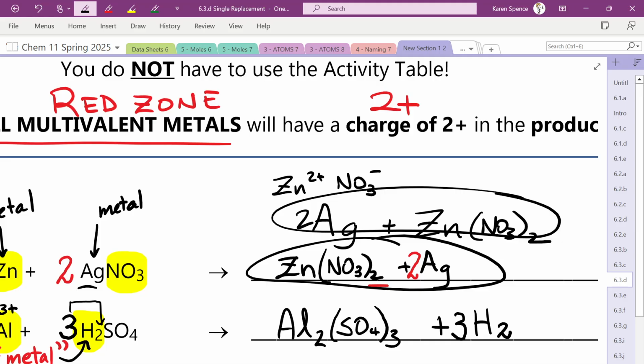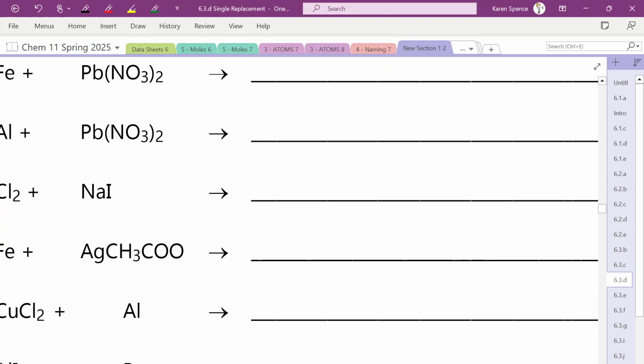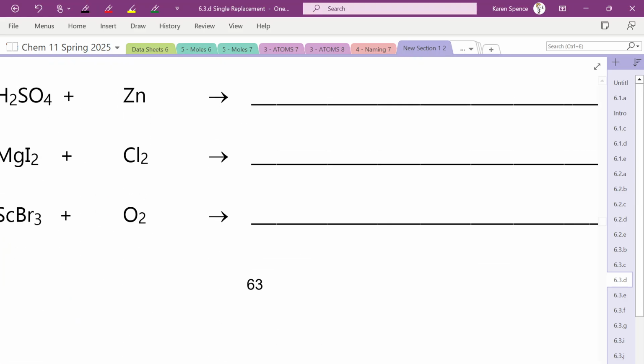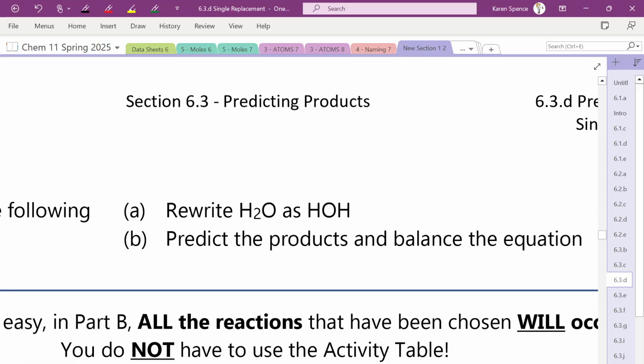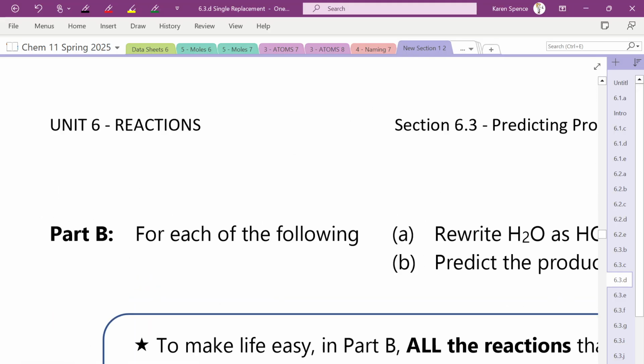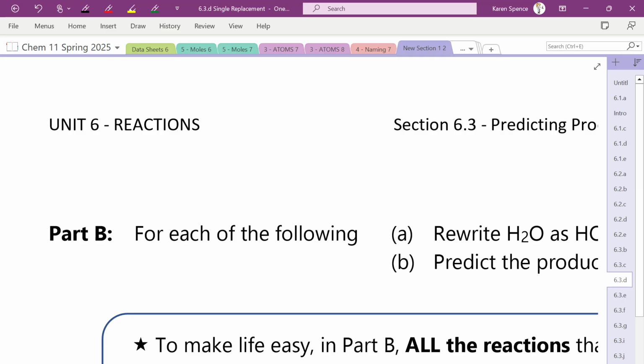Okay, friends, we're going to take a little look at page 64. All right, page 64. And this is when we have H2O as a reactant.